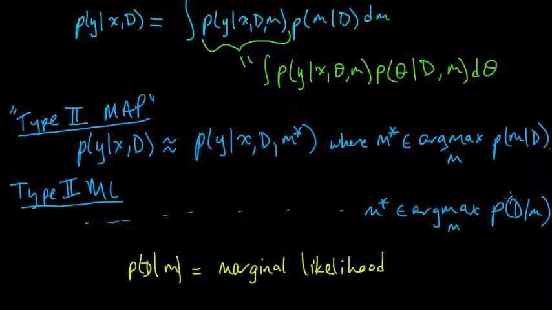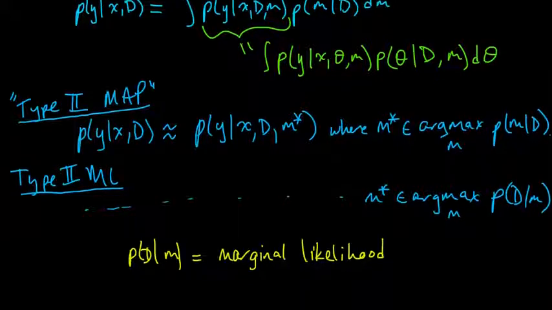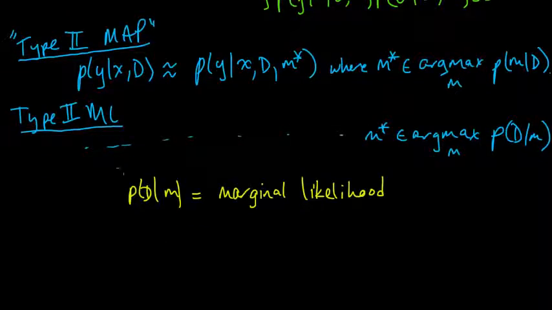And I think you can probably see that, as usual, maximum likelihood is a special case of maximum a posteriori if you take a uniform prior on models. Or it might have to be an improper prior if you can't put a proper prior over the model.